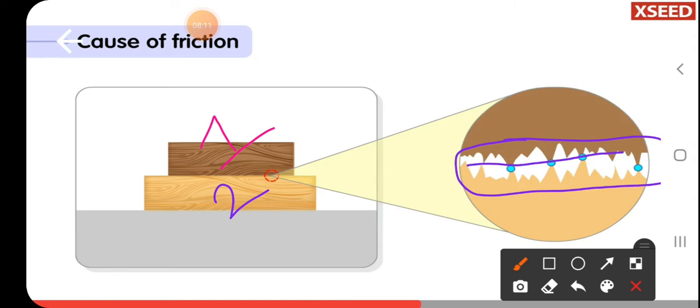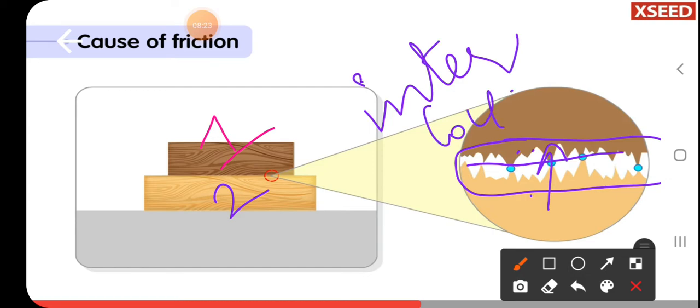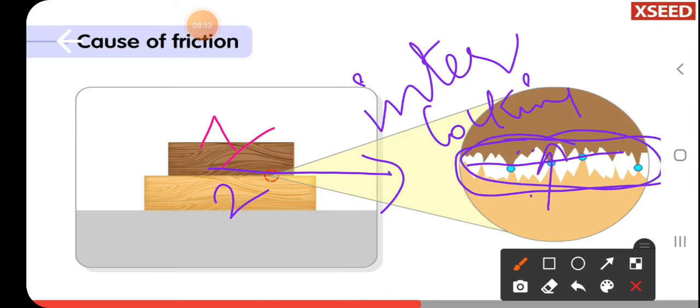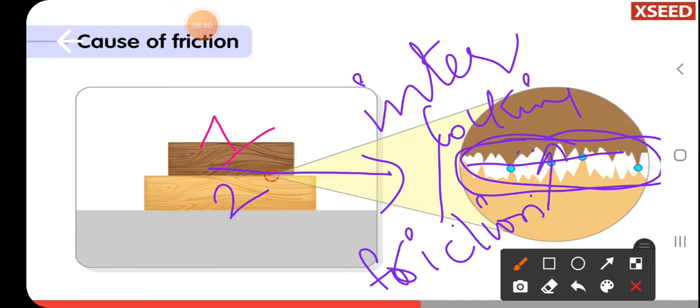When these two objects are connected in these ups and downs areas, we call that an interlocking. This interlocking will always create a force that prevents the objects from sliding. That force created by the interlocking of the objects, we call a frictional force.